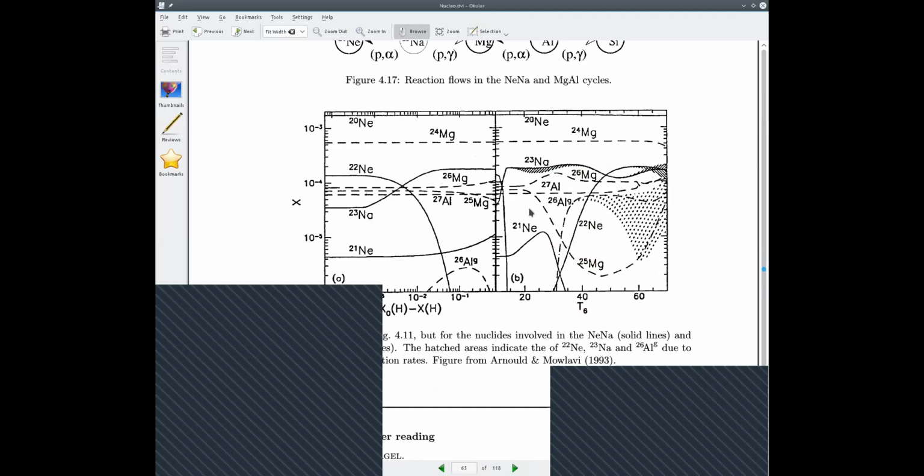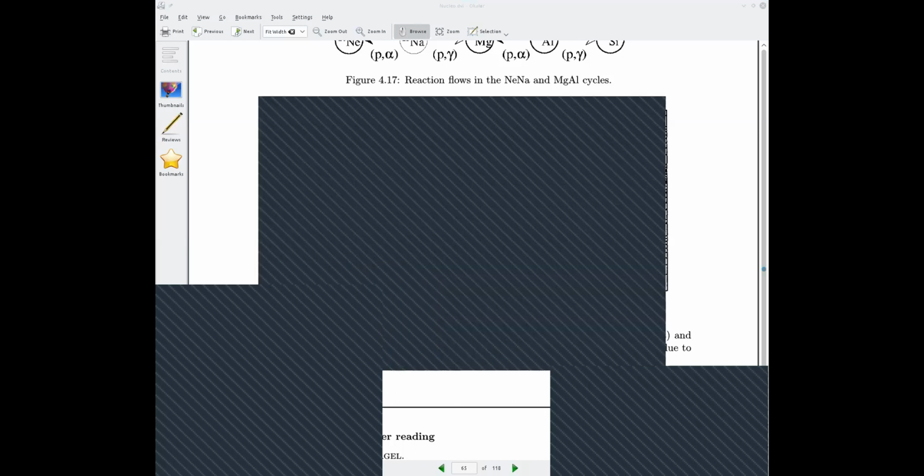So you can see that above a certain temperature we definitely have an enhancement of the sodium with respect to normal, and that we can see later.